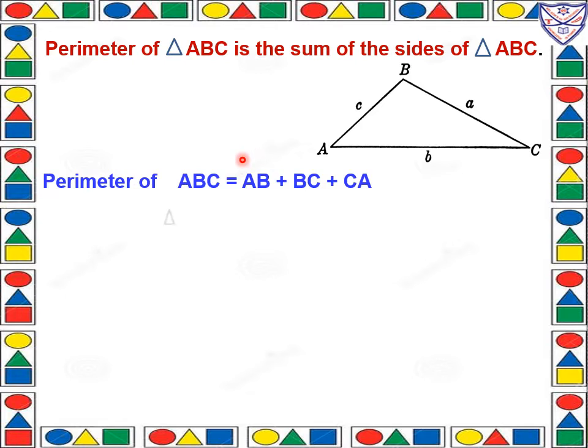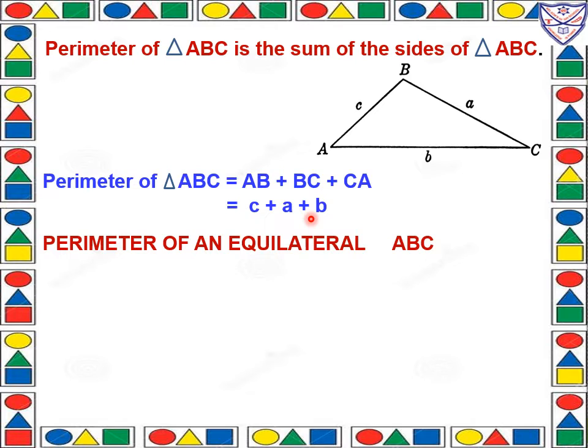We want to find the perimeter of ABC, so we have to add the sides of triangle ABC: AB plus BC plus CA. The length of AB is c, the length of BC is a, and the length of AC is b. So the perimeter of triangle ABC equals c plus a plus b.